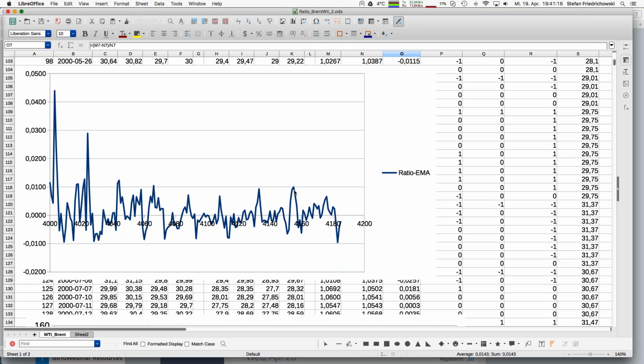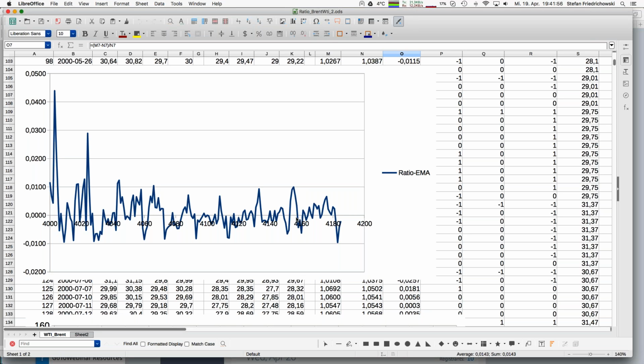And then always the long and the short trade: the too expensive one will be traded short, the too cheap one will be traded long. And afterwards, we wait until that difference between actual ratio and EMA crosses the zero line once again, and that creates the end of our trade. That's all. So opening a trade when we see those deviations, closing the trade when we come to normal.